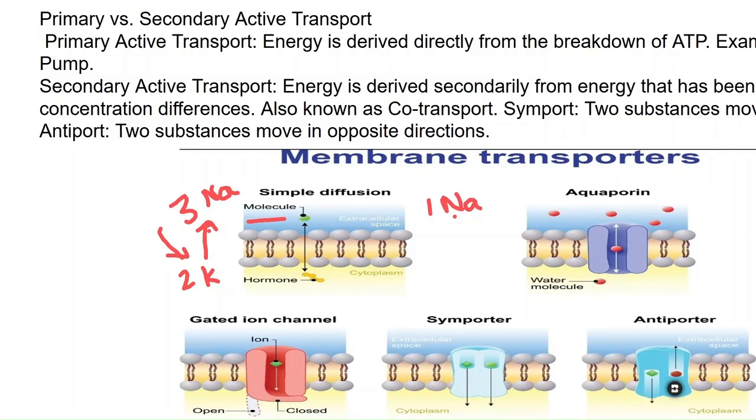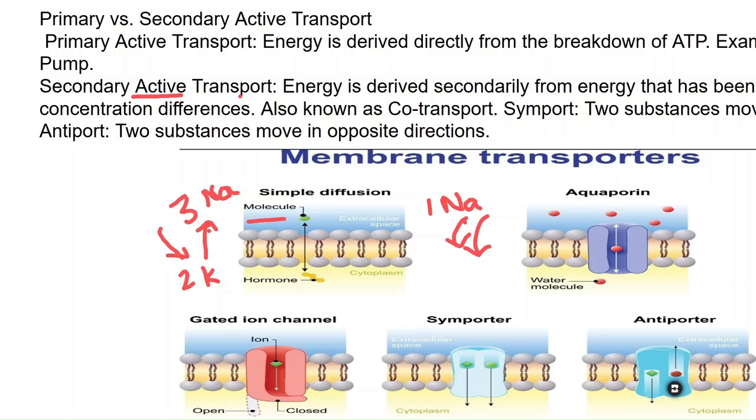Now this 1 sodium ion, it wants to go in. So here comes the secondary active transport, where this sodium ion goes in, but along with this 1 sodium ion there are some other substances which move along with it.